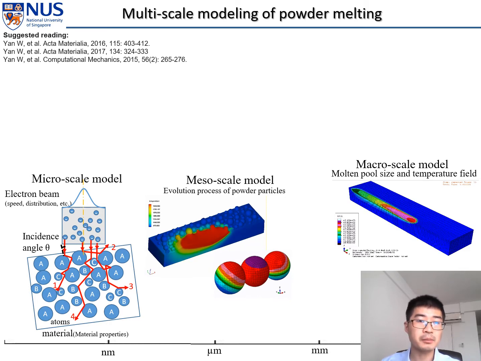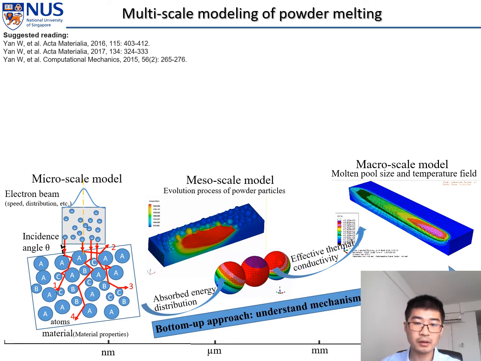So we start from a microscale model to simulate the interactions between electrons and atoms to get the heat source model, and then in the powder scale model we investigate the evolution process of powder particles, and in the macroscale model we investigate the temperature field in the whole part.